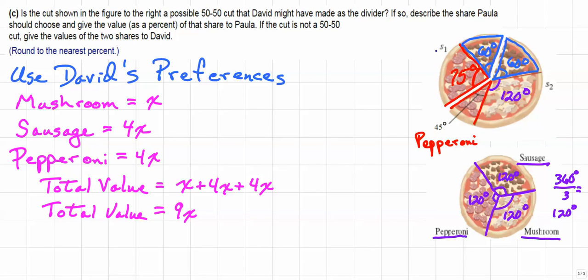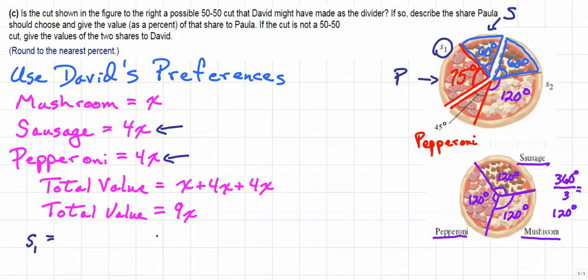Okay, so let's go ahead and calculate the value for side 1. And we remember that this is pepperoni and this is sausage. We know that sausage is 4x. We know that pepperoni is 4x. But in this particular case, we've divided the sausage in half.